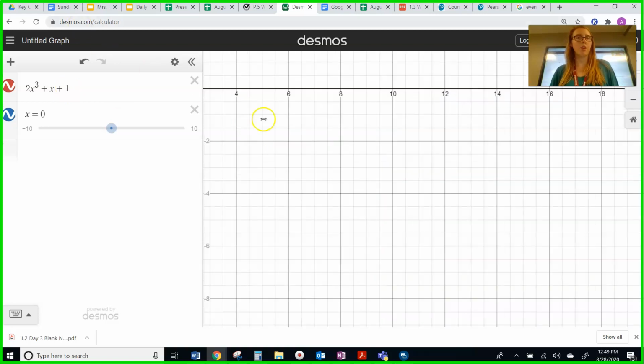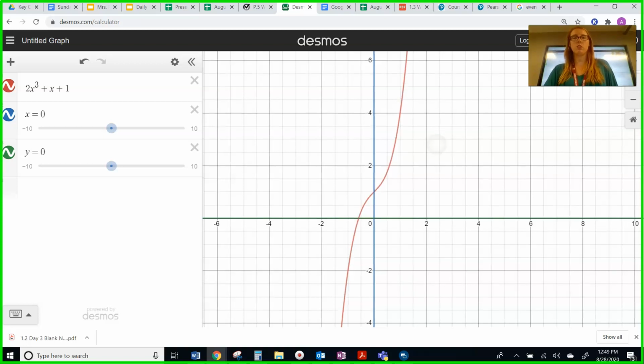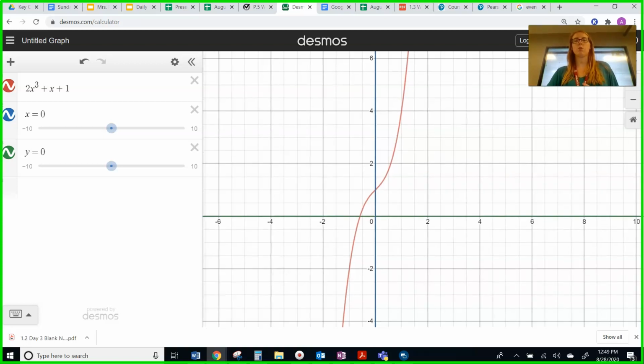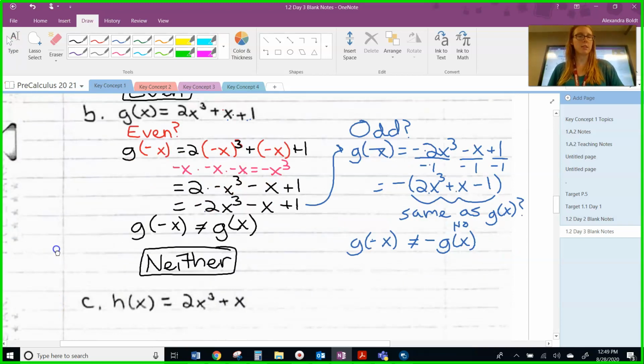And if I put a line also at y equals 0, we can see that the pieces don't match up. So this coordinate should be the same as this, and this coordinate should be the same as that. And they are not.